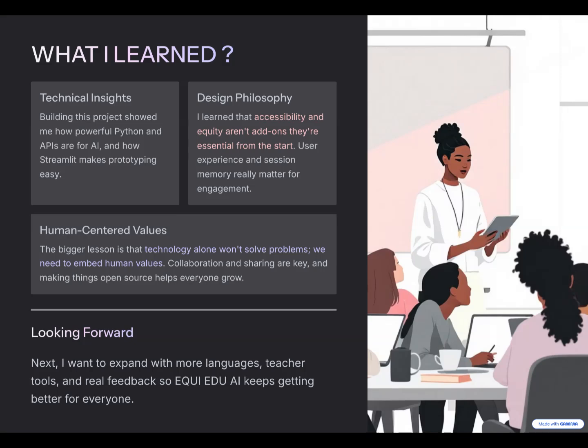The bigger lesson is that technology alone won't solve problems. We need to embed human values. Collaboration and sharing are key, and making things open source helps everyone grow. Next, I want to extend with some more languages, teacher tools, and real feedback. So EQUI EDU AI keeps getting better for everyone.